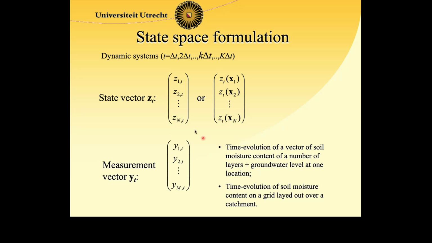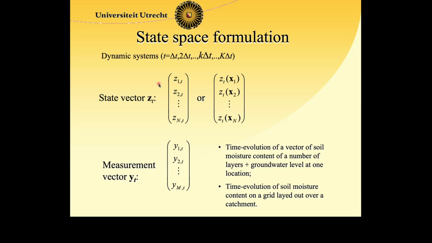And then also observations can be taken at different time steps, right? A state space formulation is what you get if you have multiple variables that you want to consider jointly, and you put them in a so-called state vector, in a vector. And that's a state space formulation.